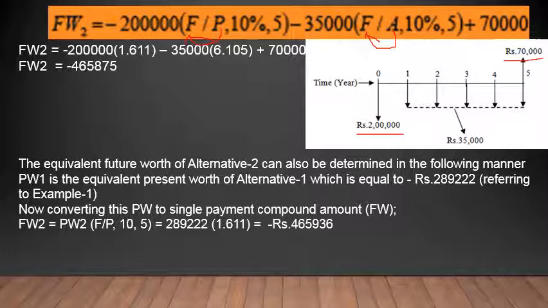Finally solve the problem and we get it as 465,936. 465,875, 465,936. A little bit of difference will be there, of course. That is acceptable. Okay. So here also we can get it as minus 465,936, which is almost similar to the value when we followed the first method.